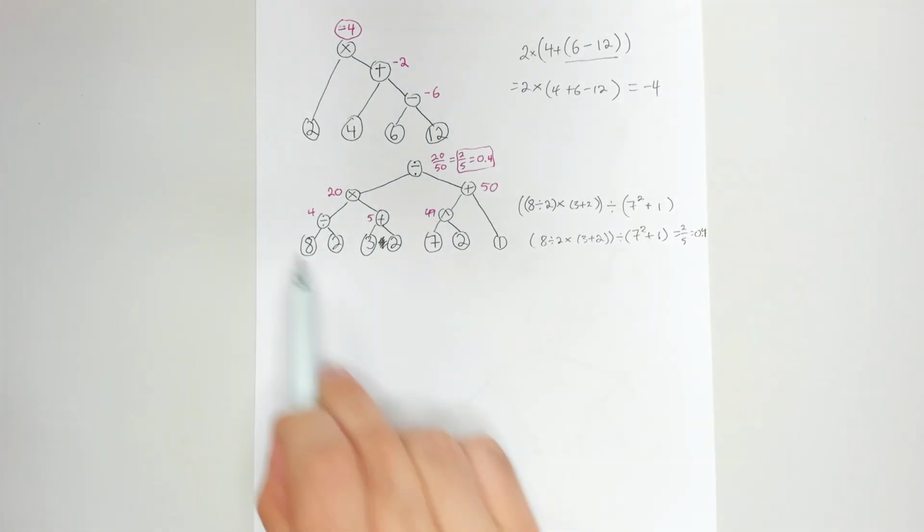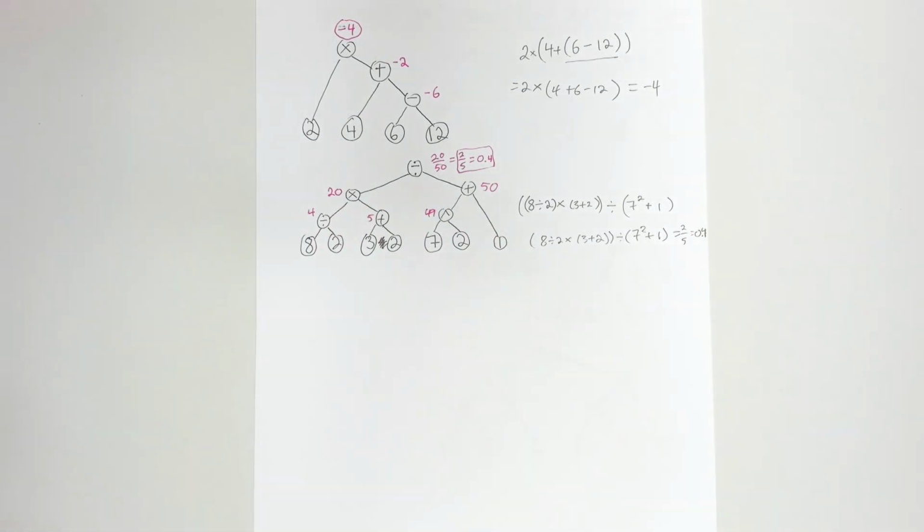Now, one really nice thing about these order of operation trees, in addition to being a little more clear as to what we can evaluate first, is a nice additional detail. We talked about in the past that we can evaluate some things at the same time.